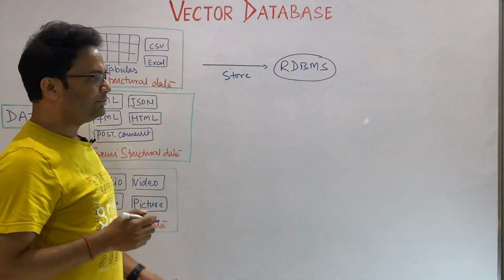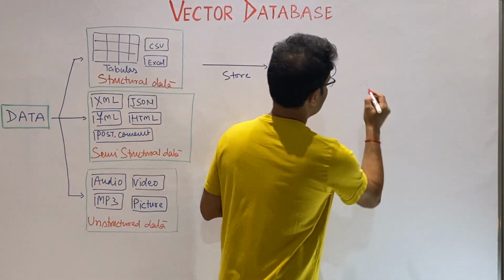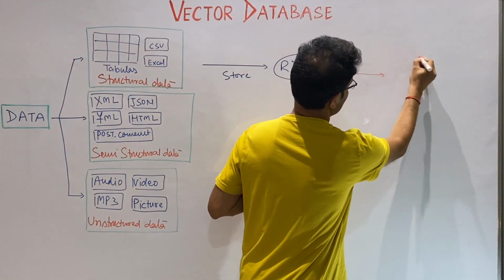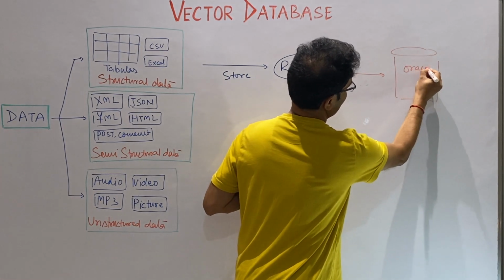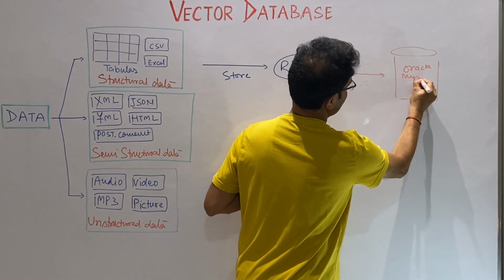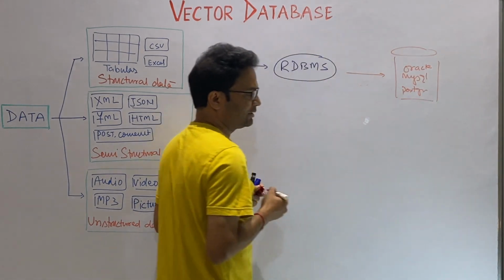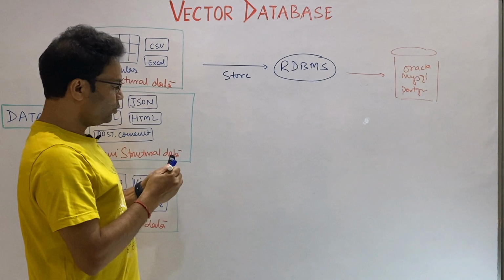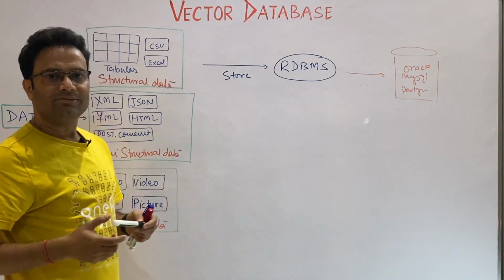For the RDBMS, we have many different kinds of software, like Oracle, MySQL, Postgres, and many others. But why do you store the data in a database? We could store this data on the file system also.